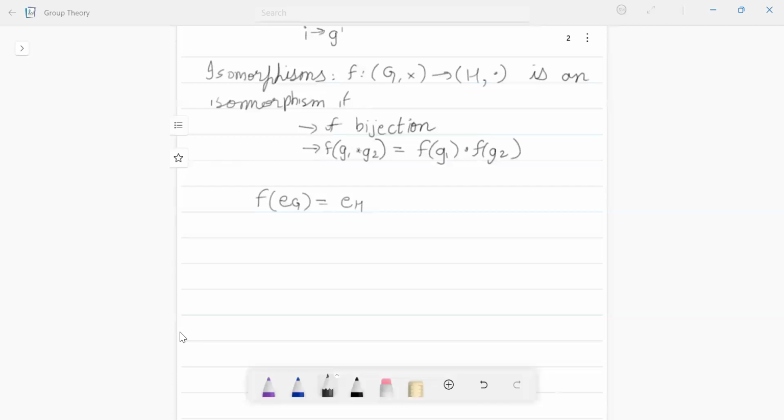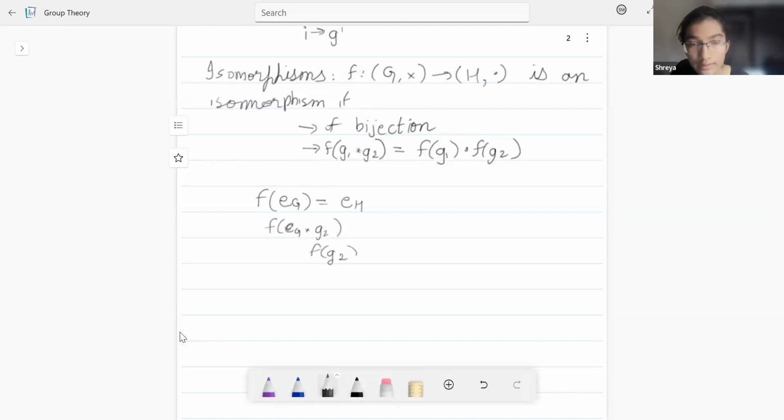We set g1 to be the identity, then f of e times g2, which is g2. So f of g2 should be f of g2 times f of the identity, which means f of the identity should be the identity. Okay, this is not the identity necessarily. We have to prove that it's the identity.